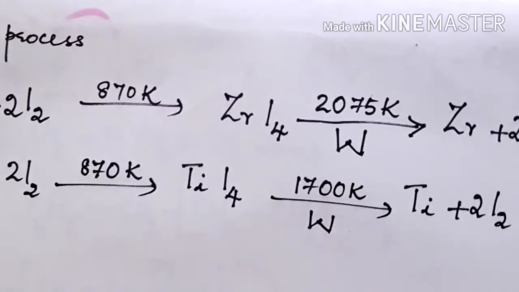In both these cases, you find that it results in a volatile complex which undergoes thermal decomposition to produce the pure metal.